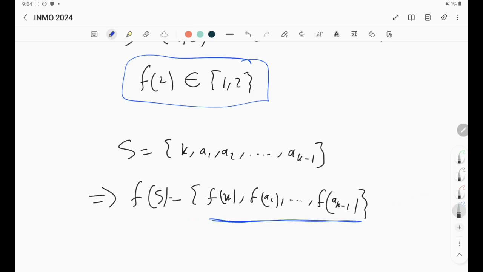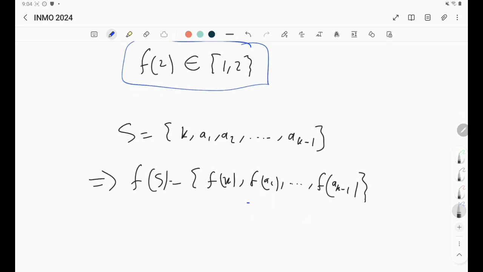Of course, as we said earlier, we don't know how many elements are here, because we cannot just say k, since maybe some of these numbers are equal. So we don't really know that. However, since these numbers are arbitrary, we can choose the a_i's. We can pick them so that the f of a_i's are all distinct and not equal to f of k.